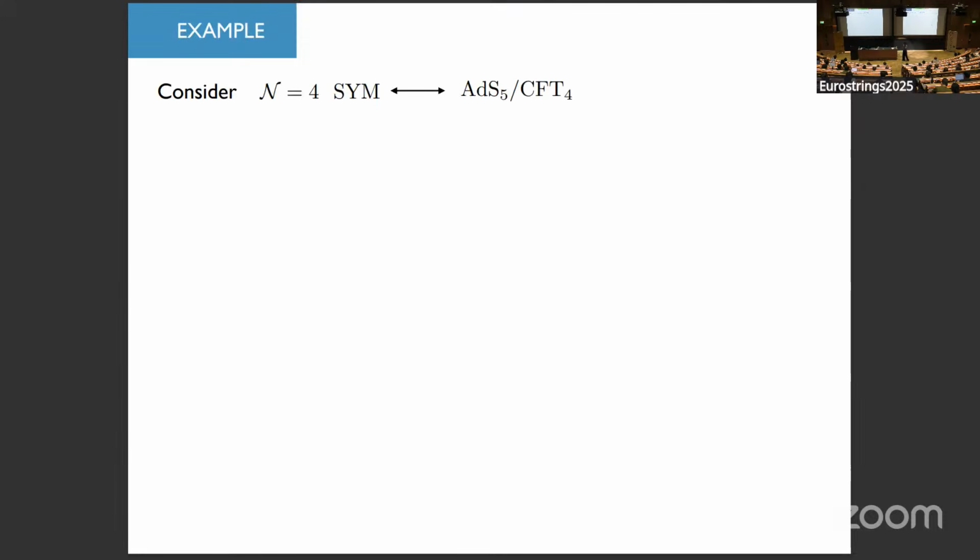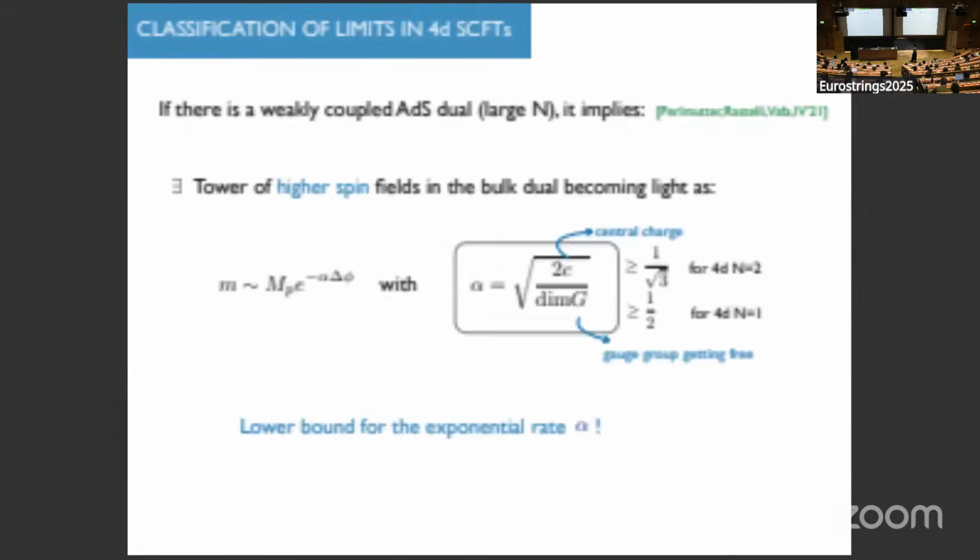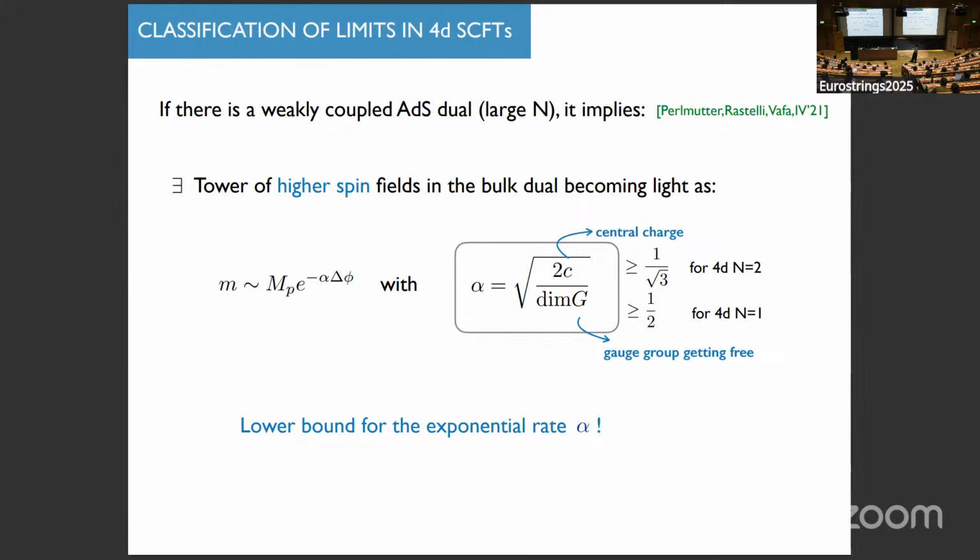Here we are moving along the conformal manifold of a CFT, so for fixed central charge. I'm talking about C; A will appear later.